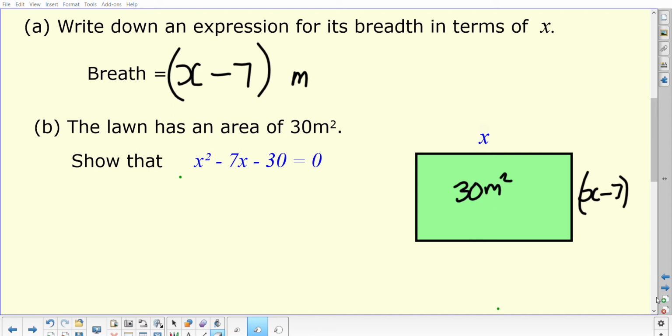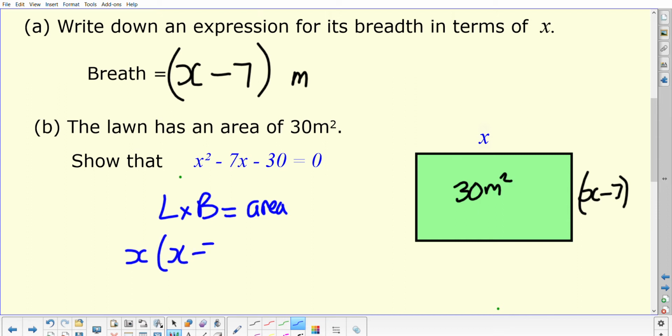To work out an area we always do length times breadth. So in this case that's going to be x times x minus 7, which we're writing with the brackets, and we know that must be equal to 30.